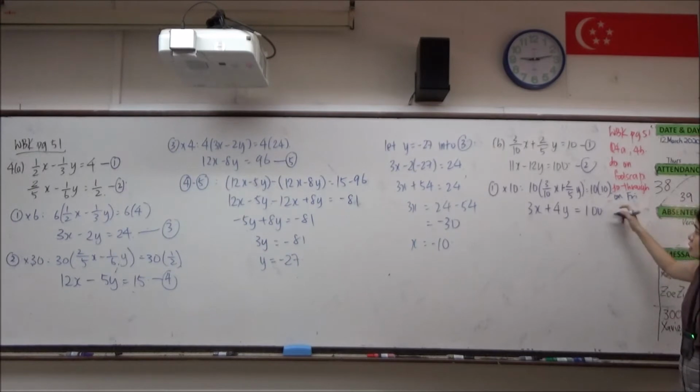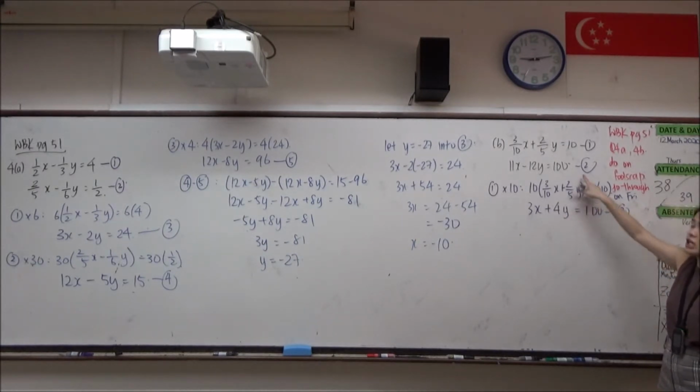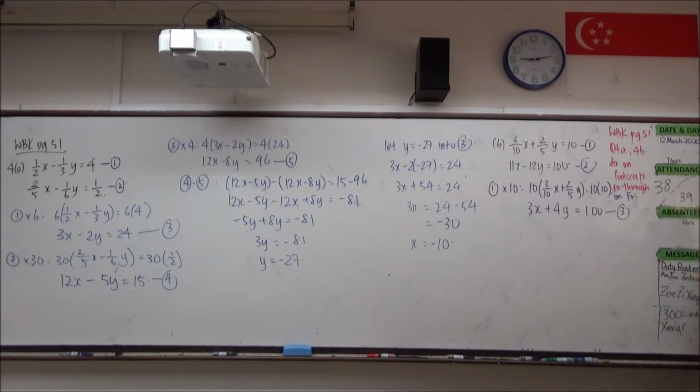So now that we got this already, will this be able to match up with equation 2? Yes. This is 11x minus 12y. It's 3x plus 4y. You may still need to do something further.